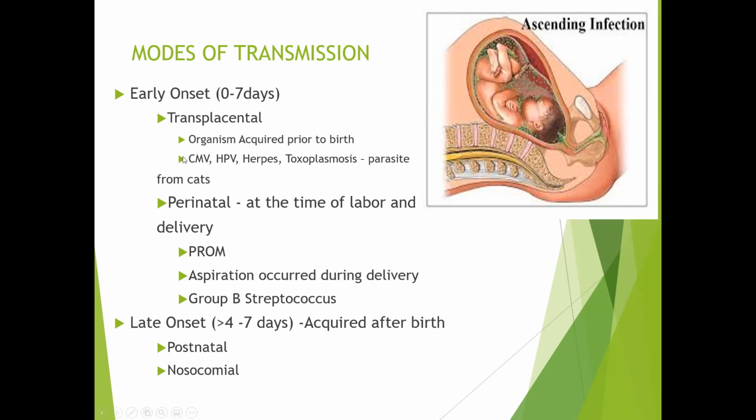And it lists some viruses, CMV, cytomegalovirus, human papillomavirus, herpes, toxoplasmosis. Toxoplasmosis comes from mom cleaning cat litter boxes or from cats. And they inhale the parasite, it gets into their blood, it crosses over the placenta and can affect the fetus.